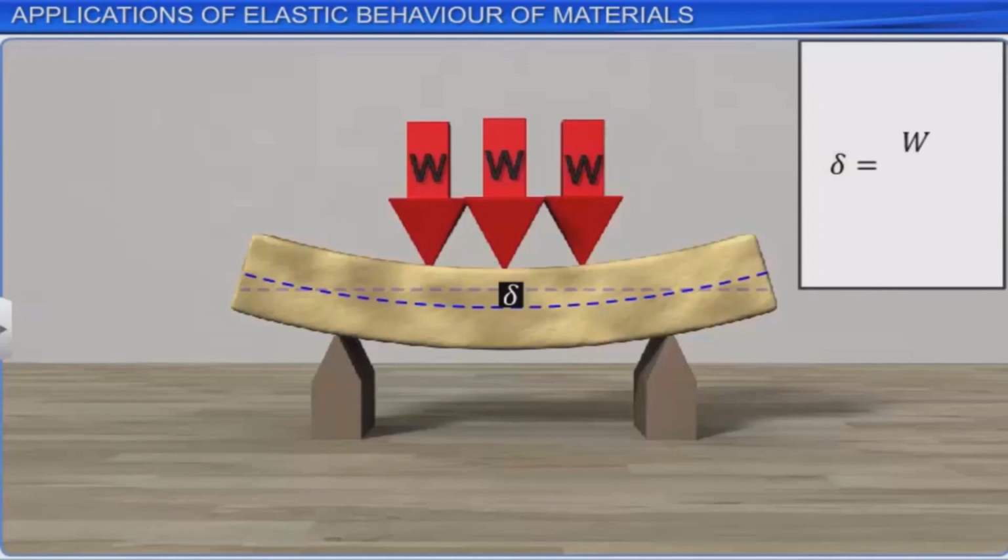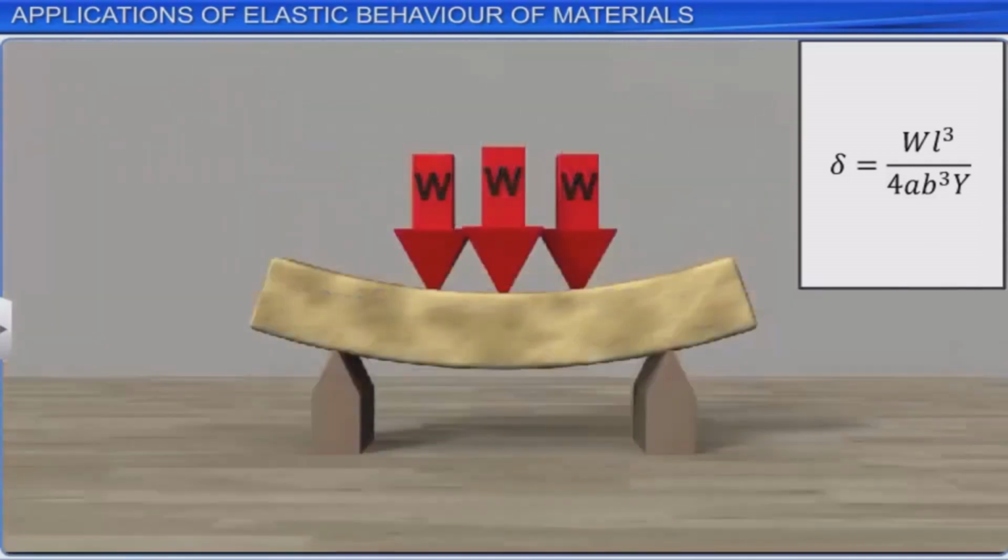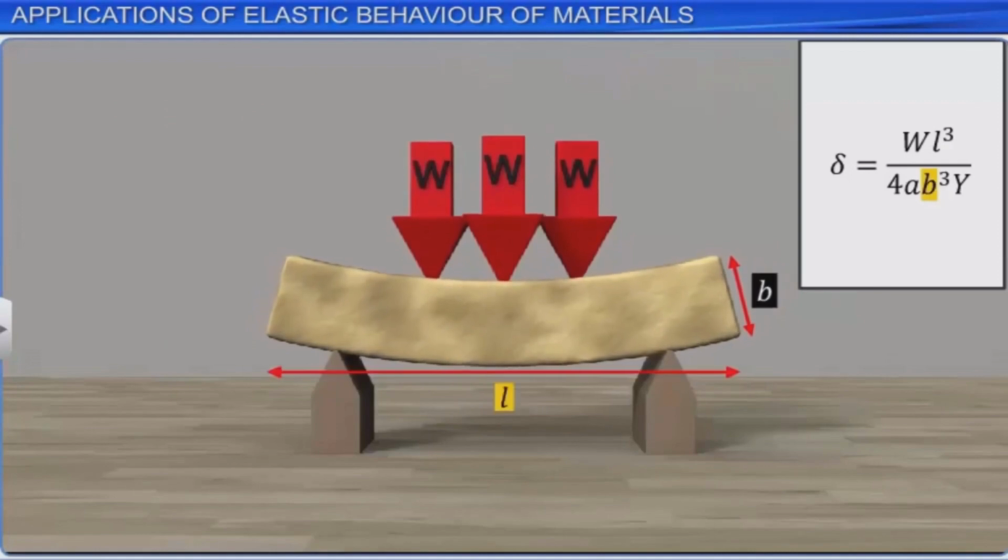It is equal to the load W times the length L cubed divided by 4 times the product of the thickness A, width B cubed, and Y, Young's modulus of the material of the beam. It must be kept in mind that the beam bends less for a given load if the width B is greater and the length is smaller.